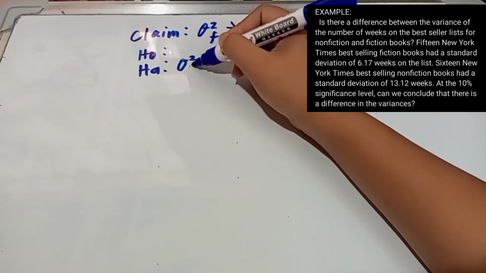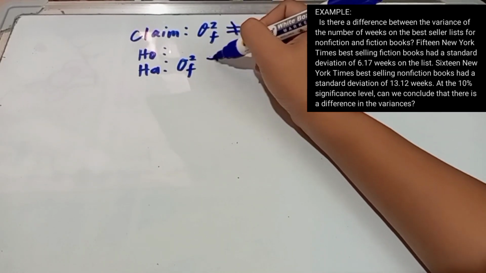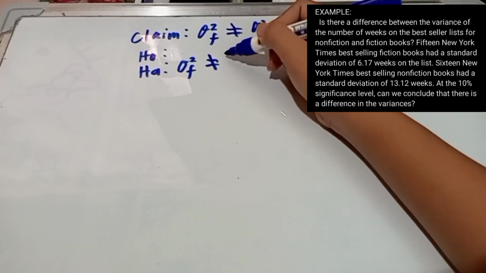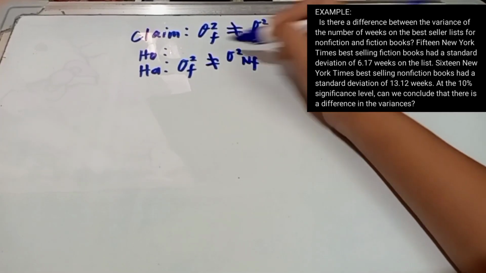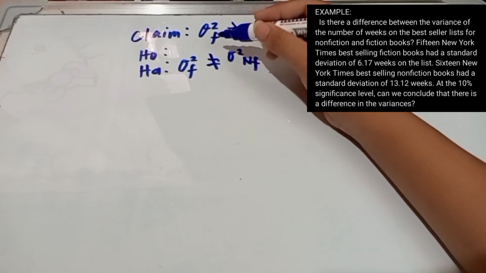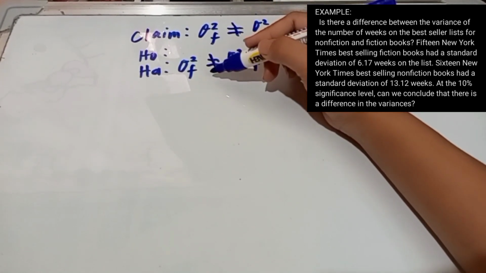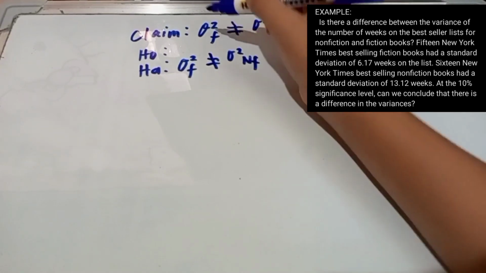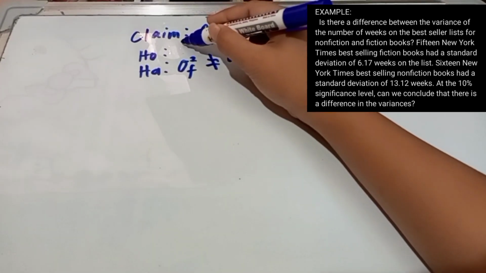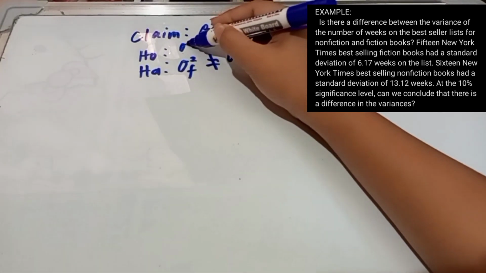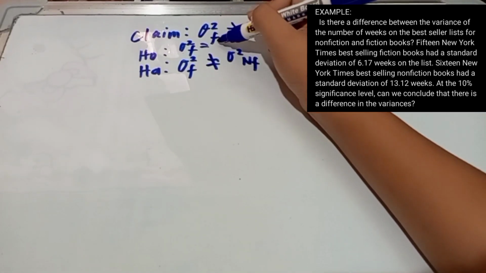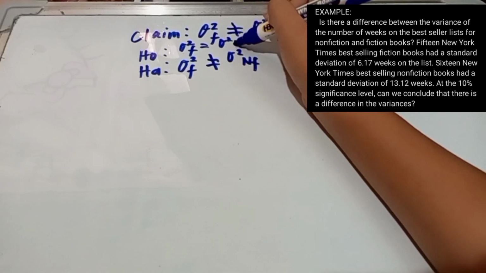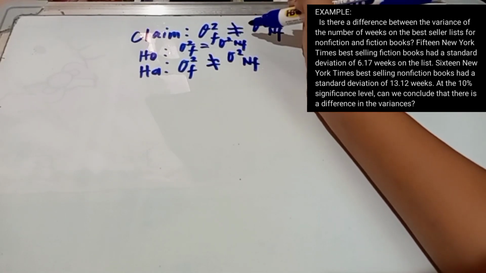Variance squared of fiction books is not equal to the variance squared of nonfiction books, and our null hypothesis should be the opposite of our alternative. So variance squared of fiction books is equal to the variance squared of nonfiction books.